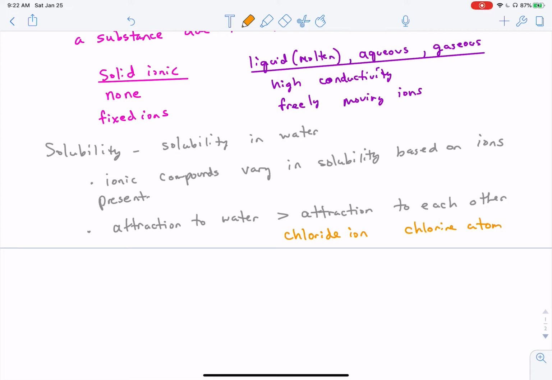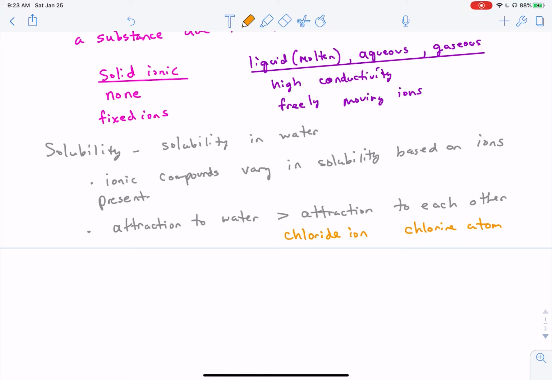Naming is just naming each ion and then putting it together. So like NaCl is sodium chloride because it's a sodium ion and a chloride ion, and you just take the word ion off and put it together. That's all naming is. So make sure you're calling it the chloride ion and not the chlorine ion.